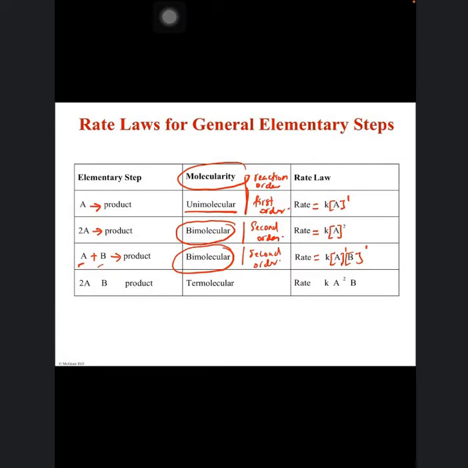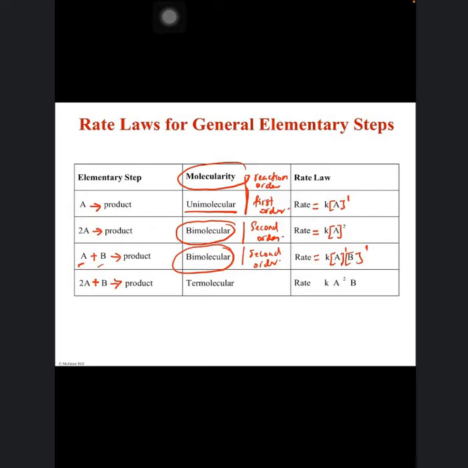Dia adalah untuk every single elementary step tau. Dia masih belum menentukan reaction keseluruhannya. Dia sebenarnya rate law untuk step 1, rate law untuk step 2, rate law untuk step 3. Macam itulah. Okay. Alright. And then untuk yang keempat ni, katalah kita ada 2A campur B. So berapa number of molecule involved? 3.